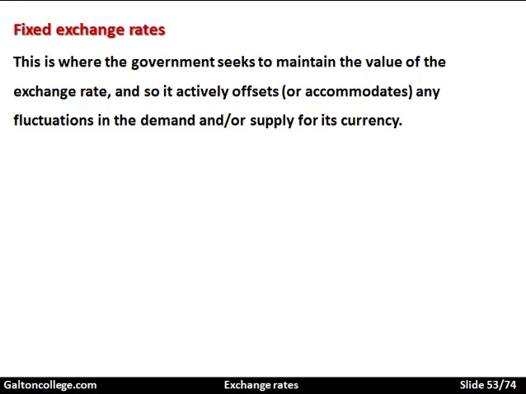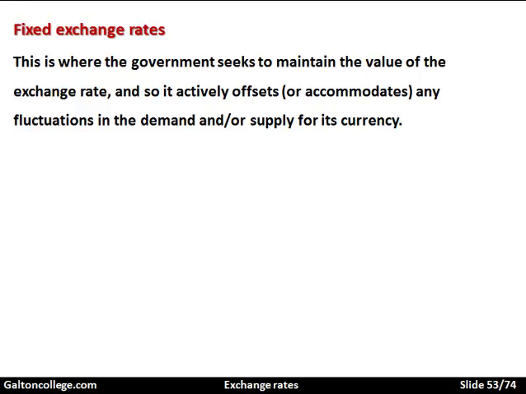It requires constant intervention by governments, and it requires lots of reserves on the part of individual governments. They must hold the reserves to be able to intervene. If their currency is starting to move downwards, they must move in and buy their own currency by using foreign exchange. But of course that means they must have the foreign exchange available to do it.